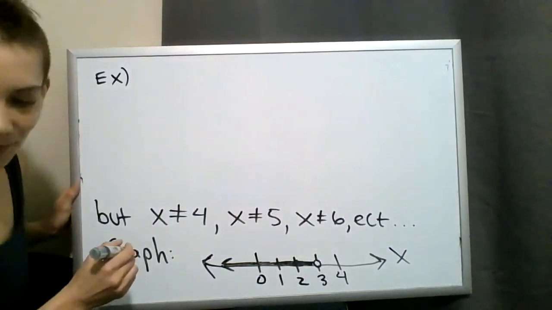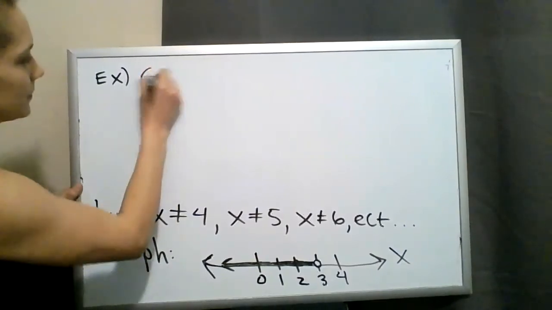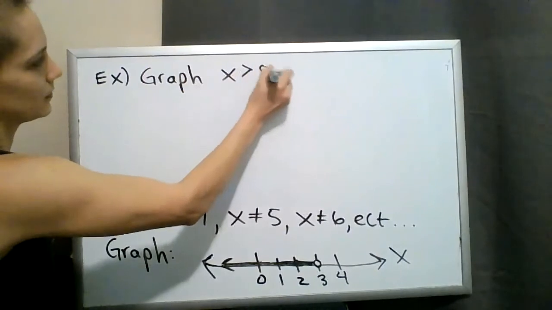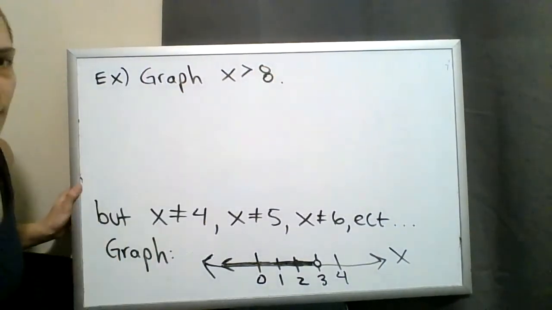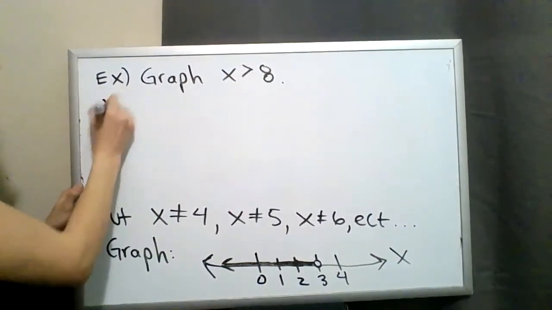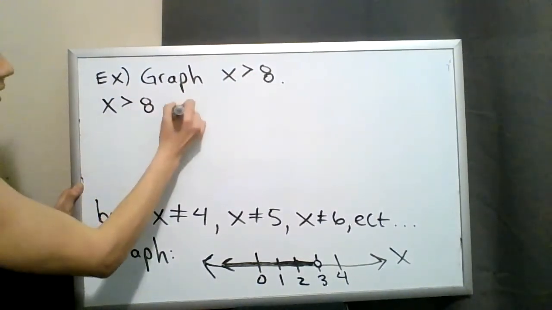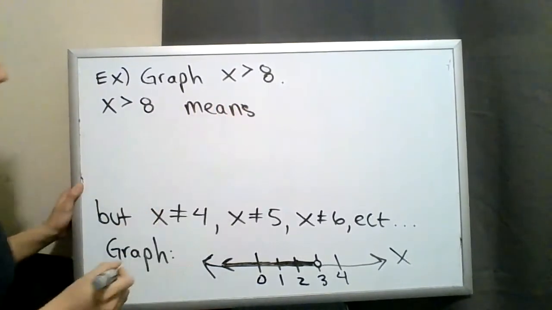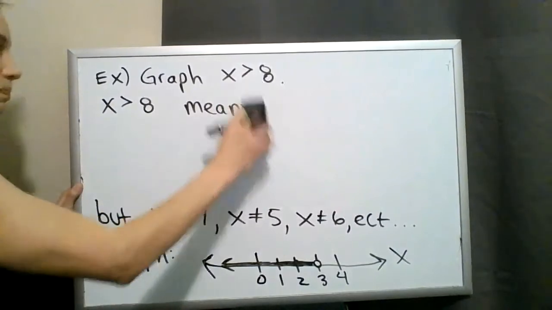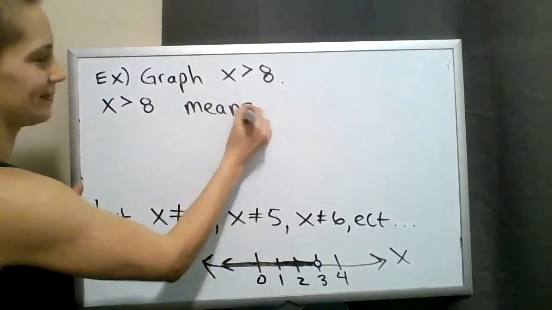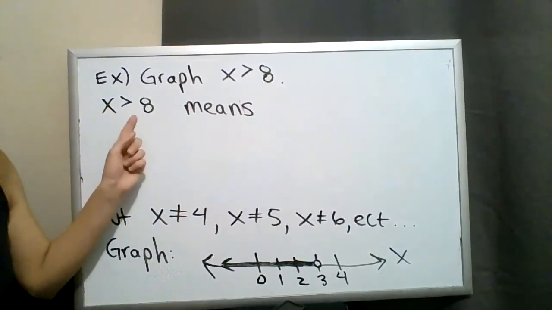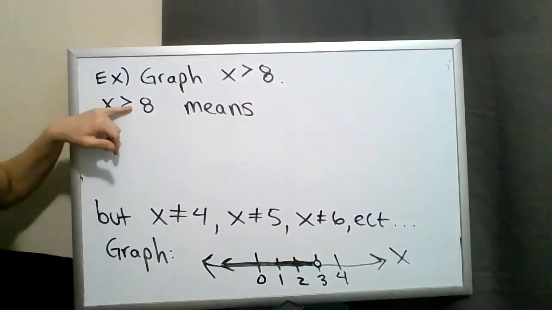Let's graph X greater than 8. And then write it down first. This means X is any number greater than 8, but not equal to 8, because you don't have an equal sign underneath the symbol.